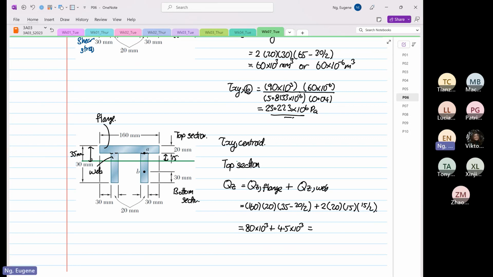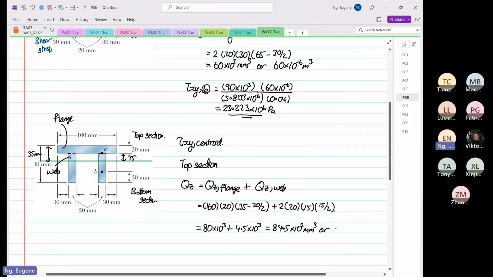So this will be 80 times 10 to the power 3 plus 4.5 times 10 to the power 3, which is equal to 84.5 times 10 to the power 3 millimeter cube, or 84.5 times 10 to the power minus 6 meter cube.